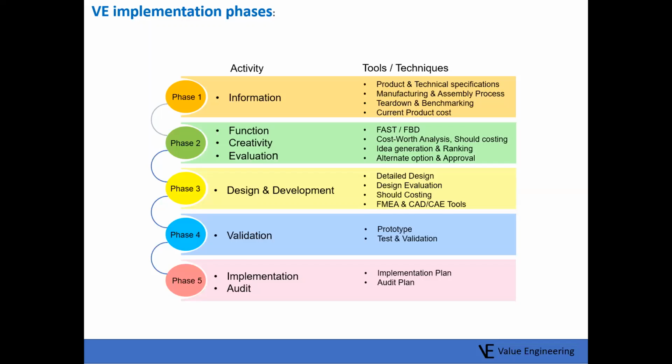Next is function, creativity, evaluation. In this phase we do the functional analysis of each component of a product, what real function each component is doing. Then cost worth analysis and idea generation.